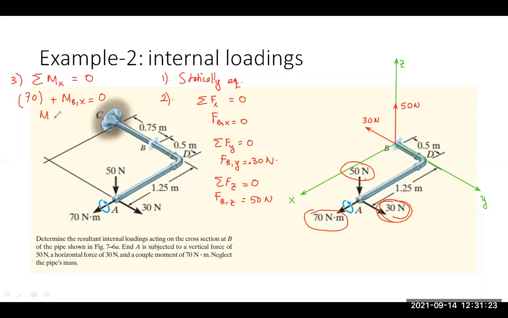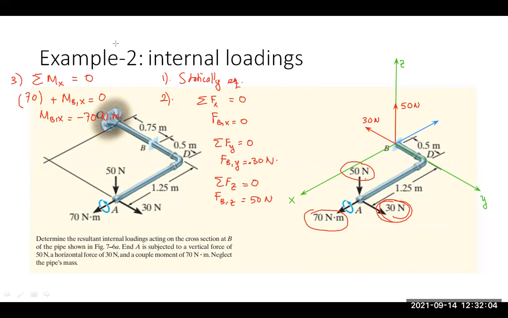So here we have the M P in x direction equals to minus 70 Newton meter. Because it works in the minus direction, we have to draw it here. To differentiate the line for force and the moment, I use another color to represent the moment here.